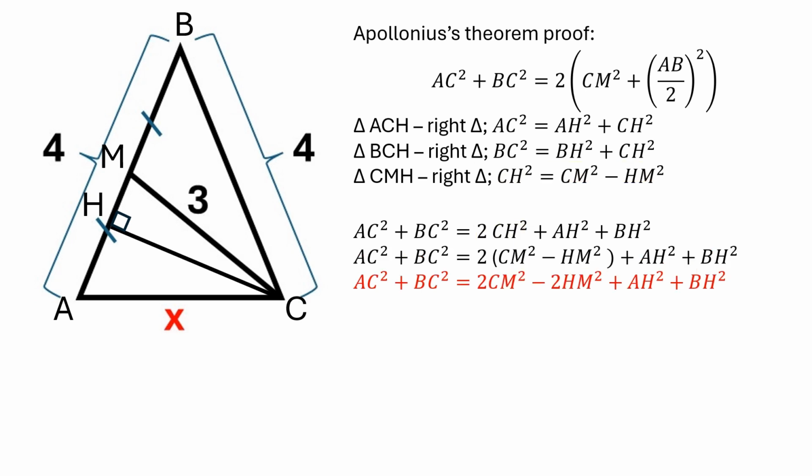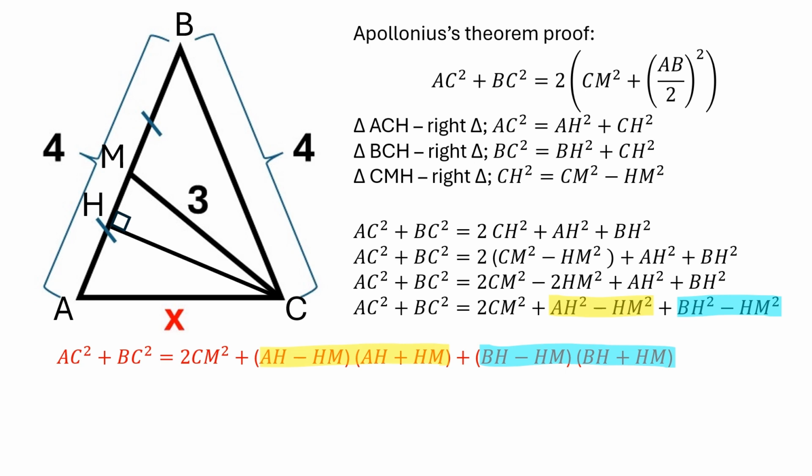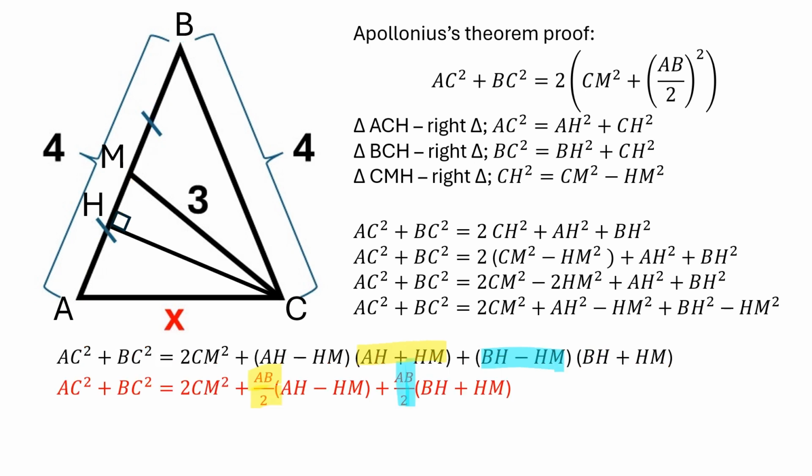Let's expand. Now we can break out 2HM squared and expand the differences of squares. AH plus HM is equal to AM, and BH minus HM is equal to BM, and they're both equal to AB over 2.